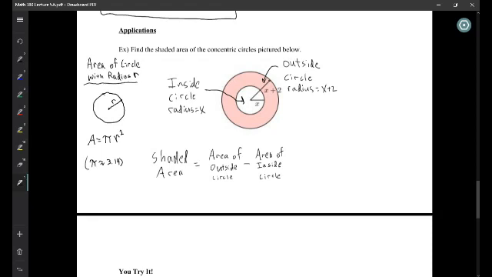So using this formula, area equals pi r squared, we get shaded area equals, well, the area of the outside circle is its radius x plus 2 squared times pi. So it's pi times x plus 2 quantity squared. I missed my 2. So the area of the inside circle would be pi times x squared.